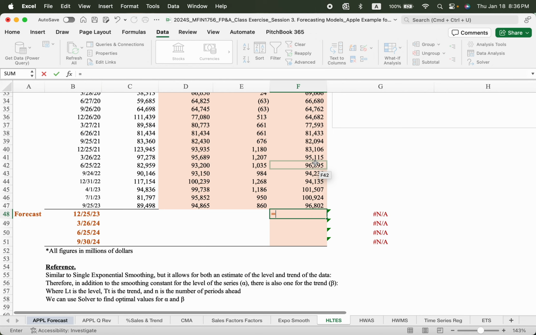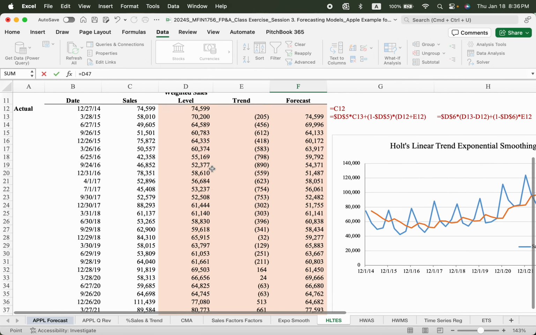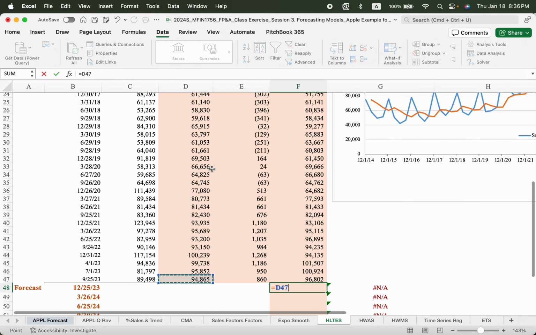And then using the ROW function, we can now compute the forecast. It is equal to the same way of calculation: the prior quarter weighted sales level.